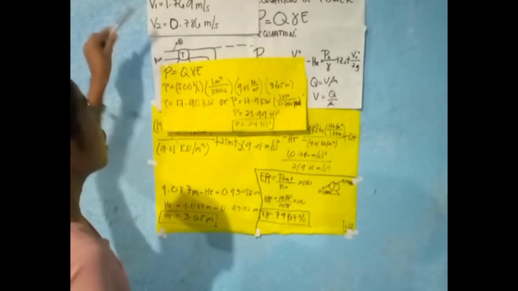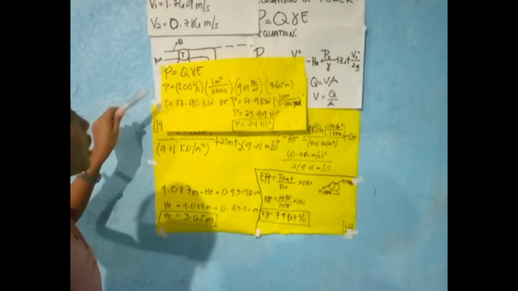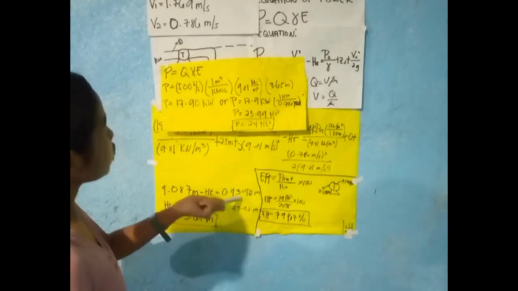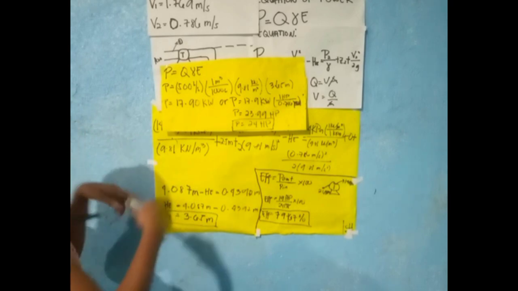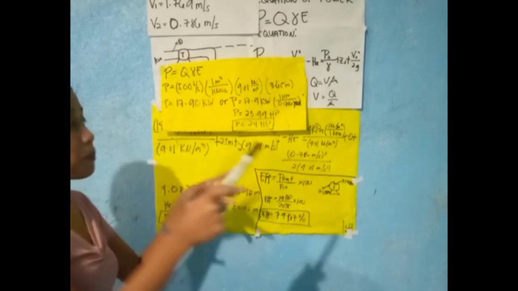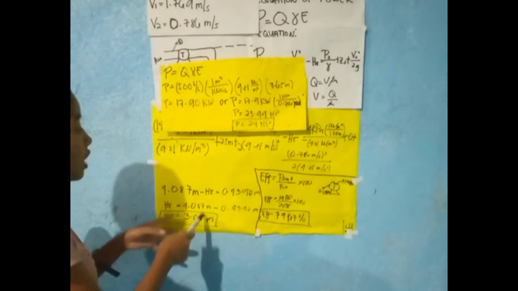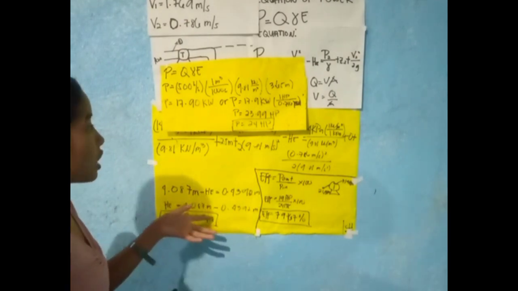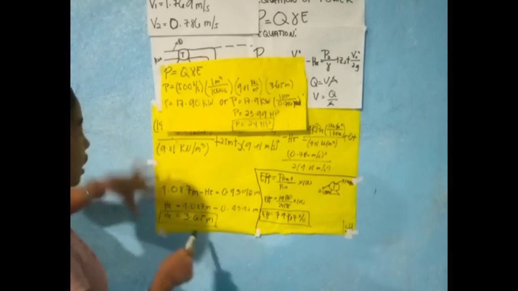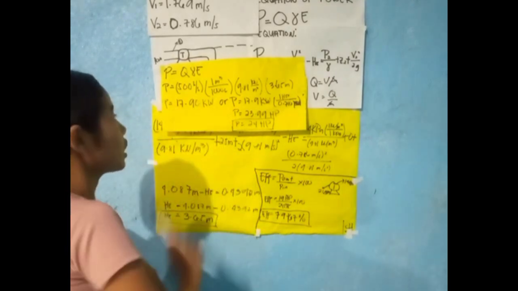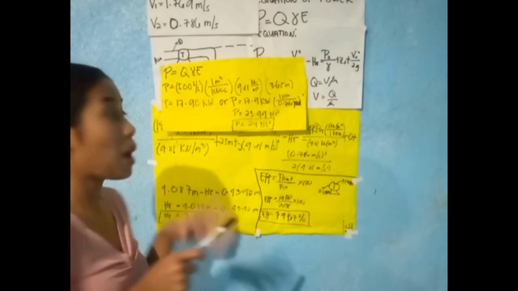Now we already get the power supply to our motor because the requirement in the problem is only the power. First, we solve the velocity in point 1 and point 2, and then we have the given pressure 1 and pressure 2. In order to get the requirement in our problem, which is solving the power, we first solve the energy. So we got this 3.65 meter, and then we substitute it in our equation for power.